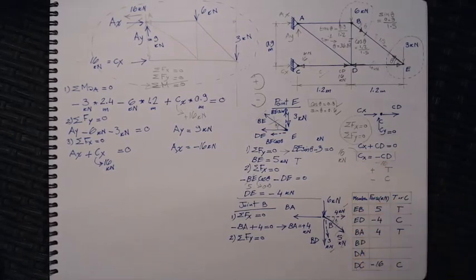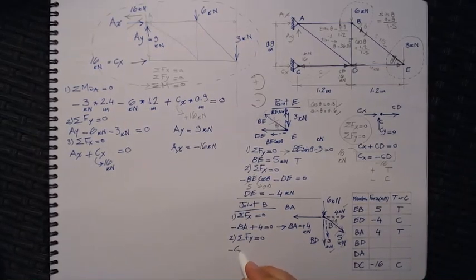Let's consider this as negative y. So I will start with the 6. It's going negative y, so negative 6. There's another force called BD. It's negative as well, so negative BD. And there is 3 going downward, negative 3.